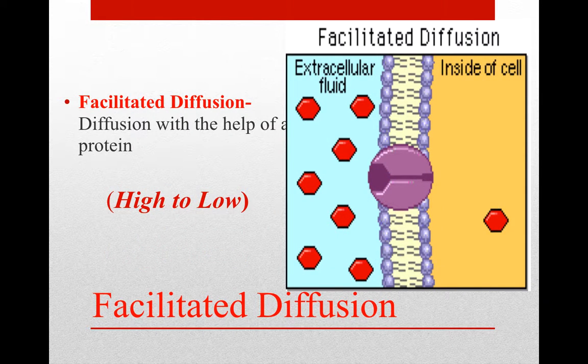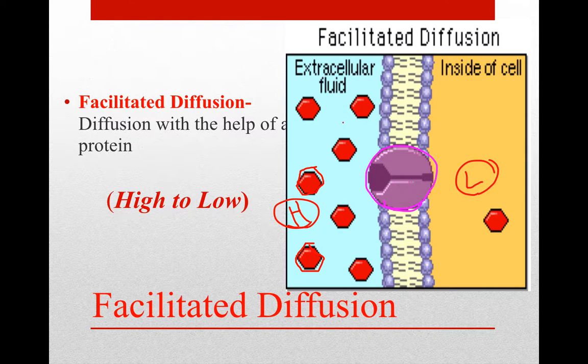All right, so here's another facilitated diffusion. This is a passive transport, like I mentioned, but now we need the help of a protein, which is this purple thing right here in the cell membrane. And remember, this also goes from high to low. So in this case, the concentration of these red molecules, let's say they're a sugar molecule or something, is high here, and this has a low concentration of those red circles.